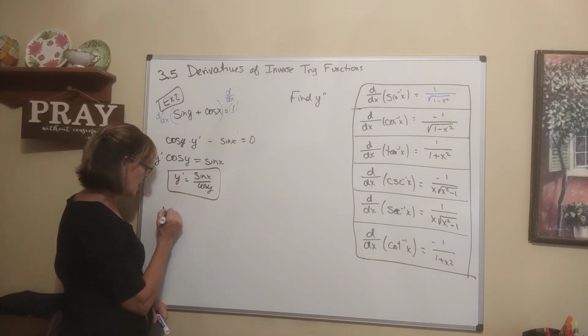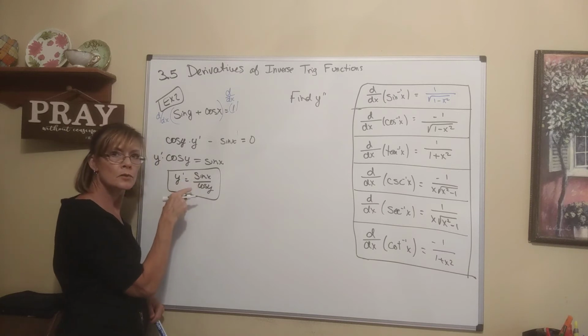All right, so y double prime is, this is quotient rule.